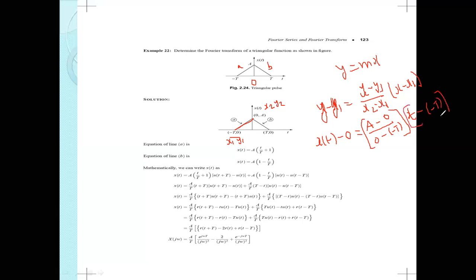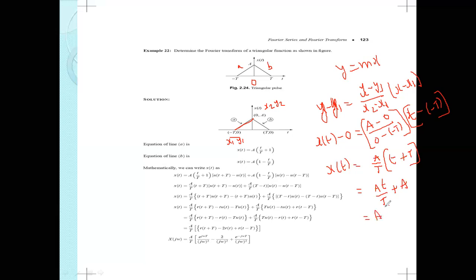Okay, simplify this function. X of t is equal to a by capital T into t plus t. A by capital T, t plus t. And now we can multiply this function as a t by T plus a. T gets cancelled.